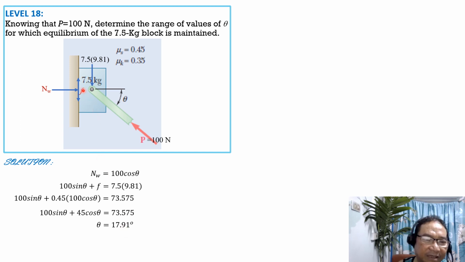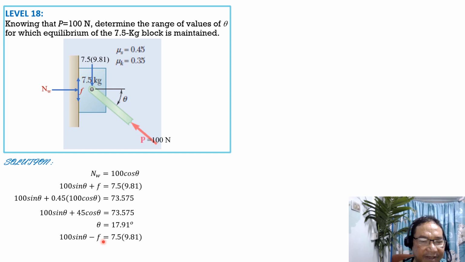For maximum theta, the force P here is pointing up to the left, but theta is maximum, therefore this time friction max is going down, and therefore the equation summation forces vertical is 100 sine of theta minus friction, which is now downward, equals 7.5 times 9.81.